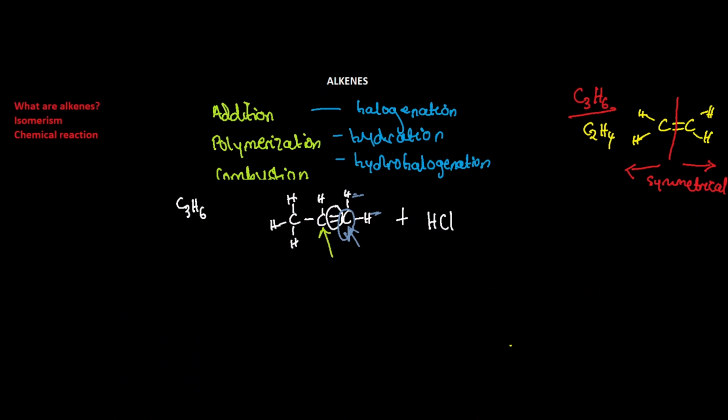Notice that this carbon atom has two hydrogens attached to it. 1, 2. Well, this carbon atom has one hydrogen attached to it, so it has lesser number of hydrogen, and according to Markovnikov's rule, we have to attach the hydrogen to the carbon with more hydrogen atoms and the halogen to the carbon with less hydrogen atoms. So this would give us something that looks like this.